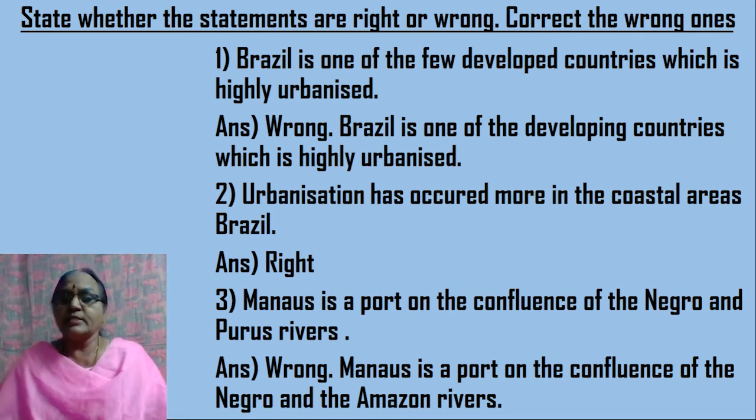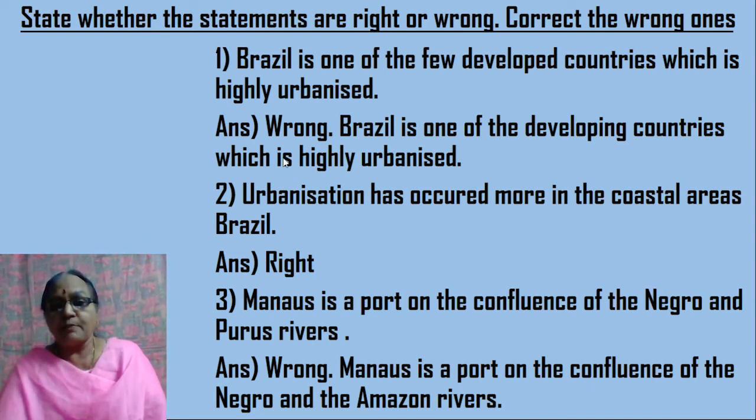It is a wrong statement. Can you tell why? It's not developed. Brazil is not developed, but it is developing. So it's a wrong statement. You are going to correct it. Brazil is one of the developing countries which is highly urbanized.